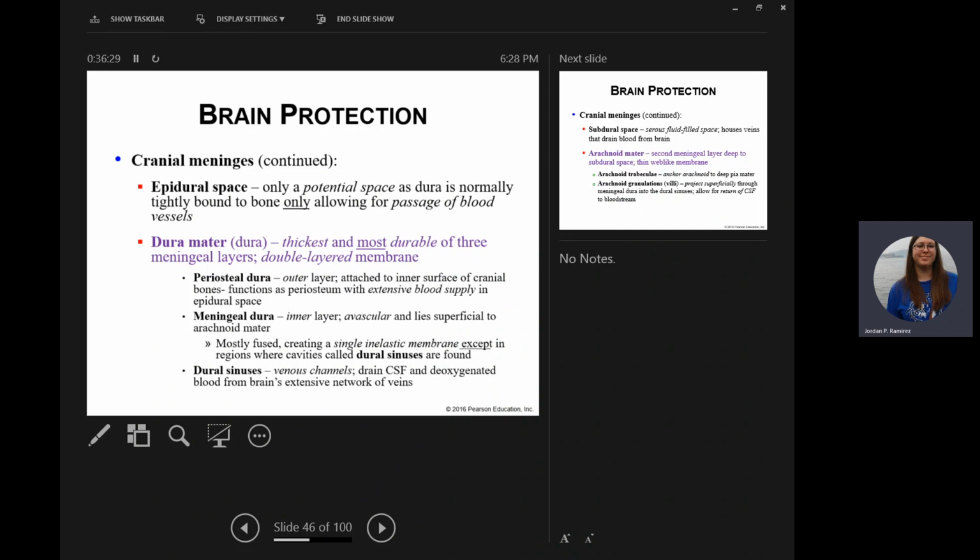Basically, dural sinuses are venous channels, basically veins. And they're going to drain specifically, in addition to blood, also cerebrospinal fluid. And when you're talking about a vein, generally, you're talking about deoxygenated blood.